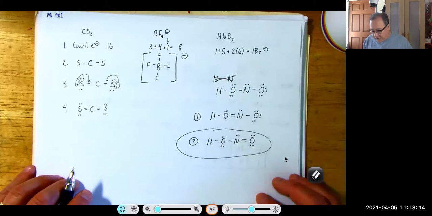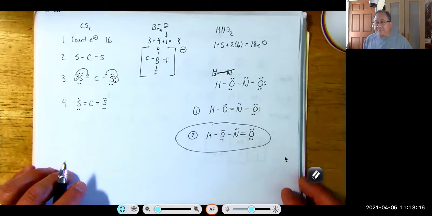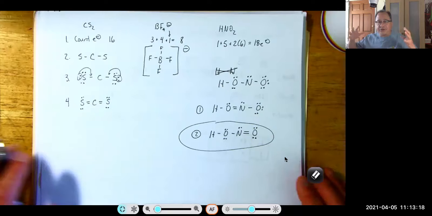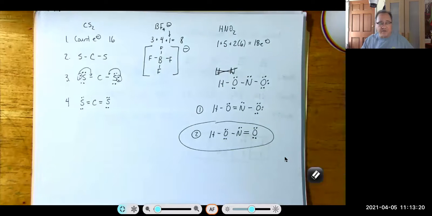Now, why do you think they tend to make only that many bonds? In a very loose explanation, if most compounds that have oxygen have oxygen with 2 bonds, it's because that's the most stable number of bonds for oxygen.